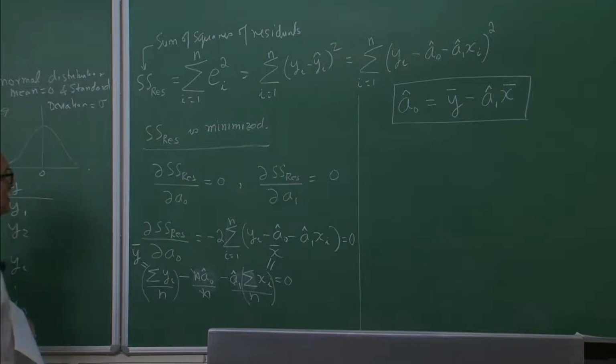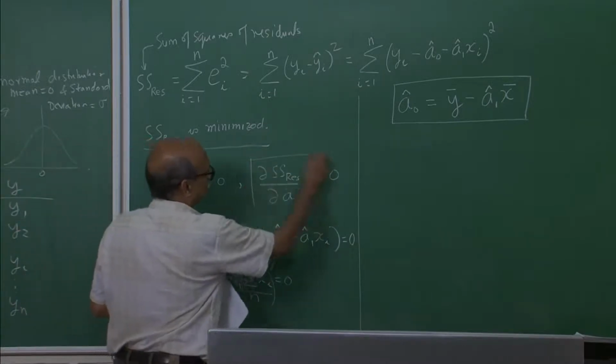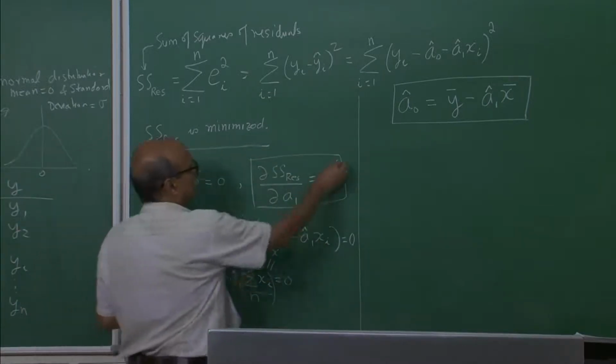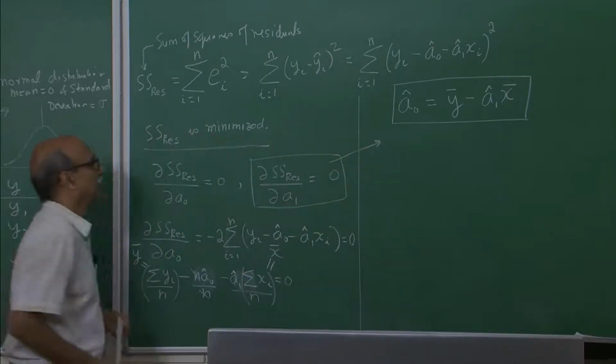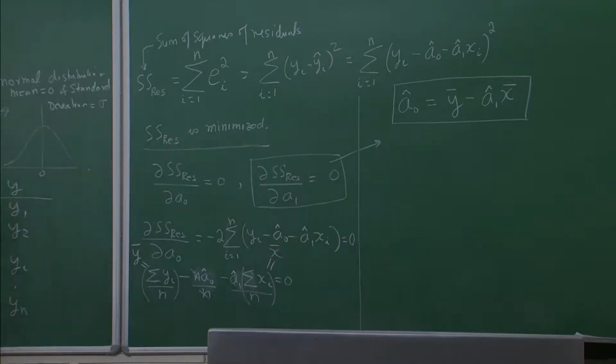That would come from this relation, where we take the derivative of the sum of the squares of the residual with respect to A1 now.